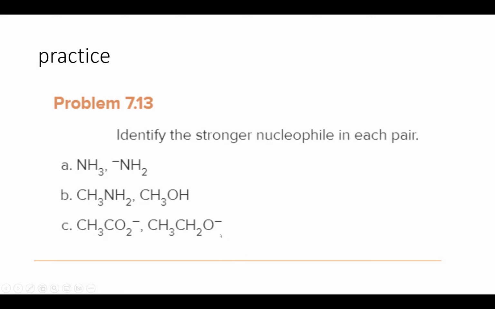So the more resonance I have in my nucleophile, the worse the nucleophile is, because it delocalizes the electrons. I want an electron-rich species, so I want all the electrons in one area if I can. Which is why C is going to be right.